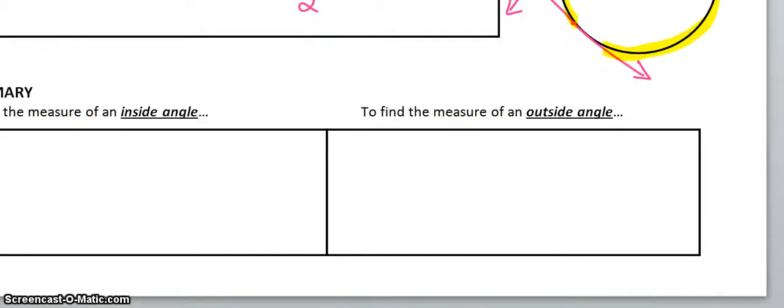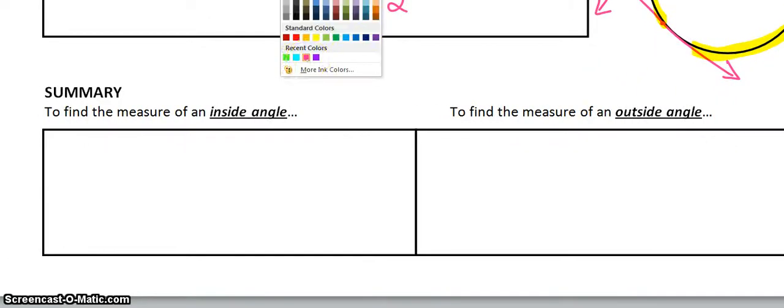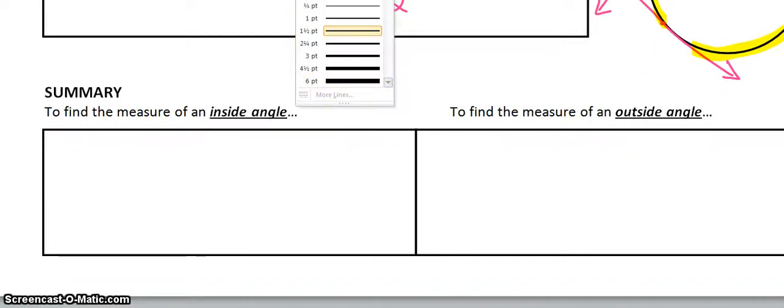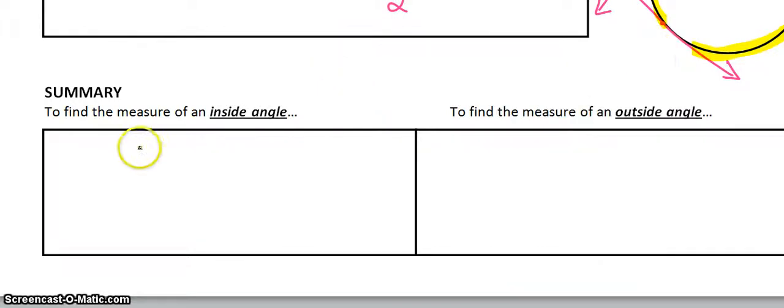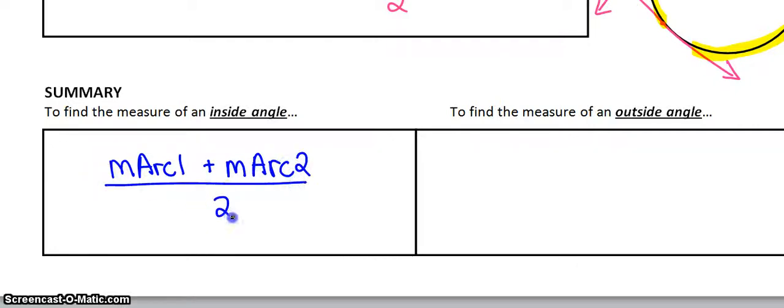Okay, so to summarize, instead of calling them secant and tangent angles, we can categorize them in two different ways. We can talk about angles that are inside the circle, and angles that are outside the circle. If an angle is inside, you're going to add the arcs. So you take the measure of arc 1, add the measure of arc 2, and you're averaging it, so you divide by 2.